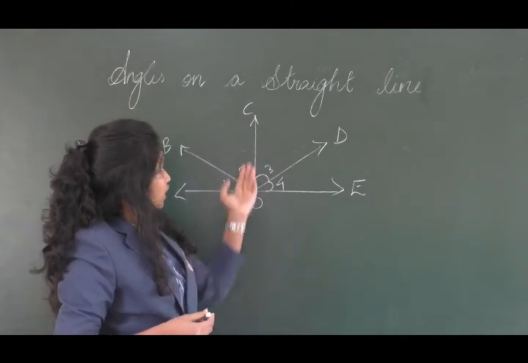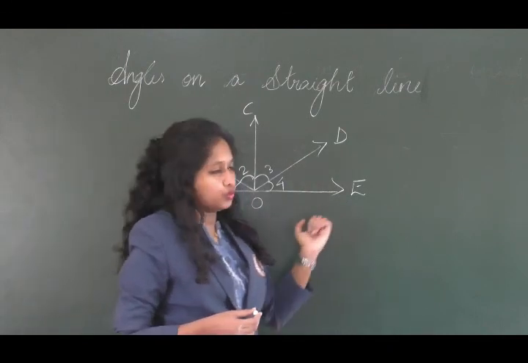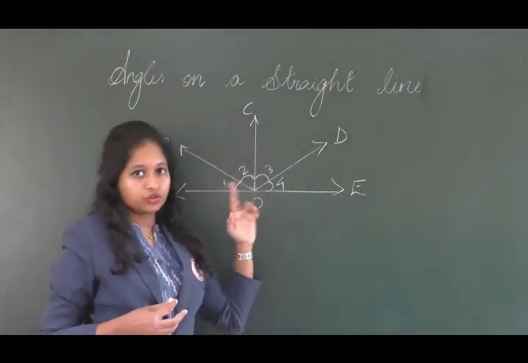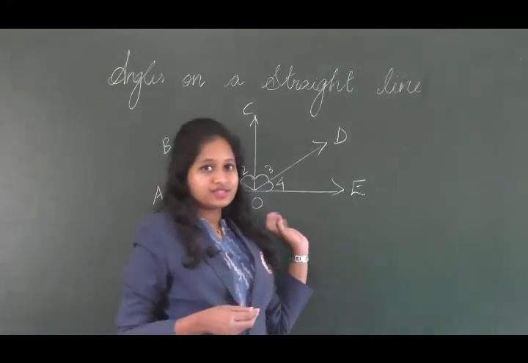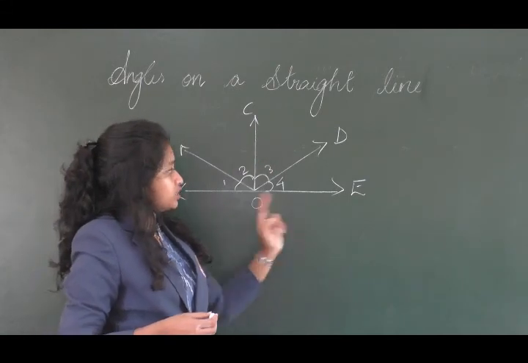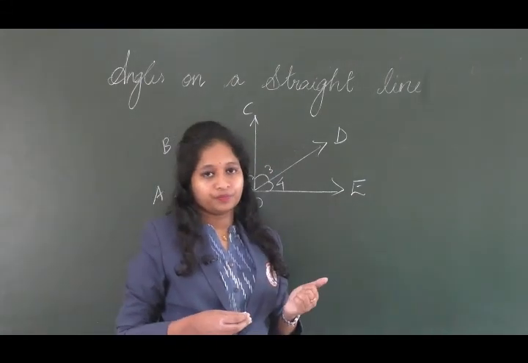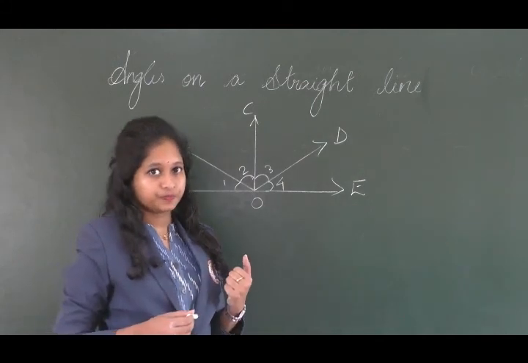So angle AOC and angle COE. Let's take both of these angles. Now, as this is a straight line, angle AOC and angle COE form a linear pair.